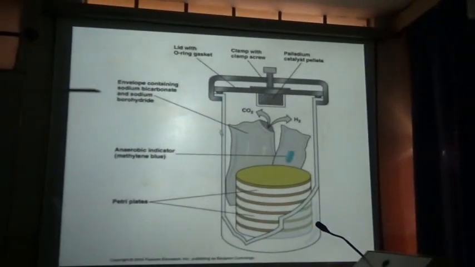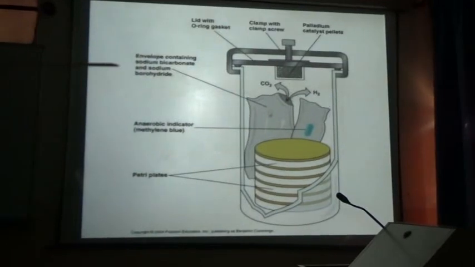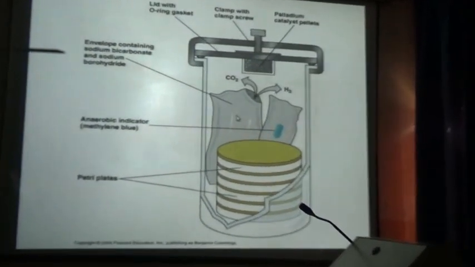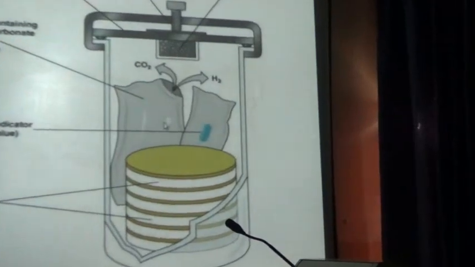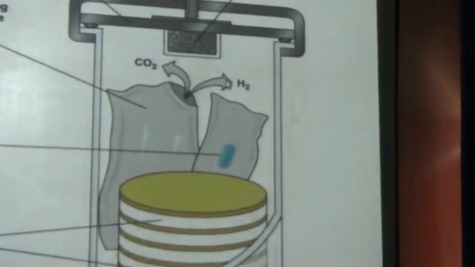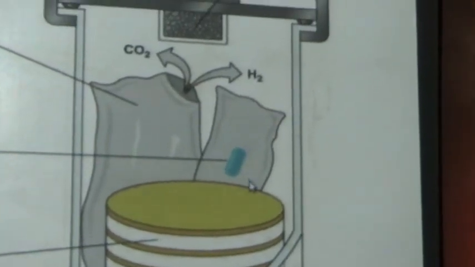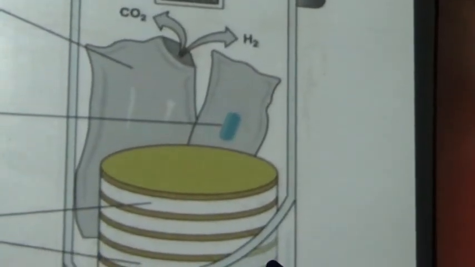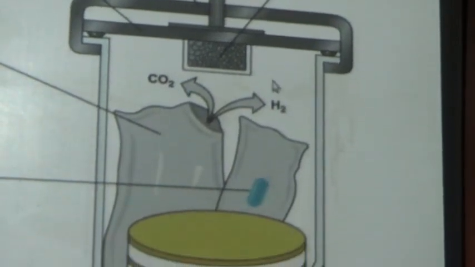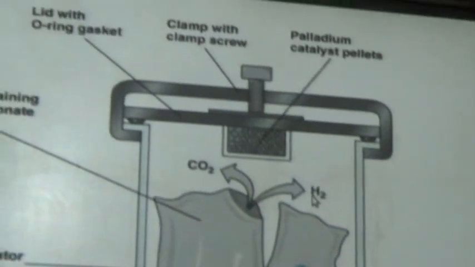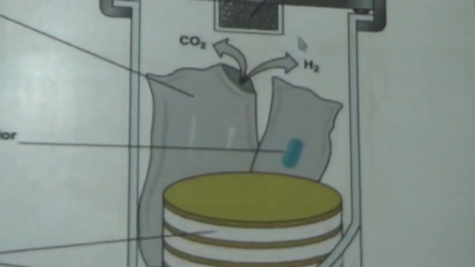This is the gas pack which we are using. This gas pack contains certain chemicals which, when you add water into it, produce carbon dioxide and hydrogen. And in the presence of this palladium catalyst, the hydrogen combines with oxygen to make water, and there is no oxygen left inside.